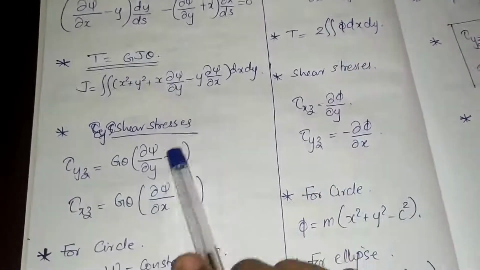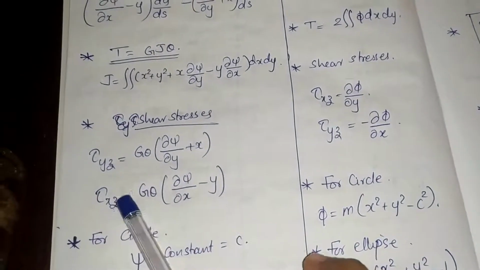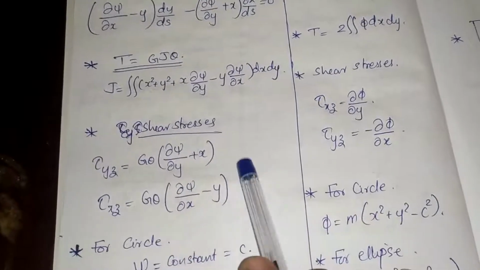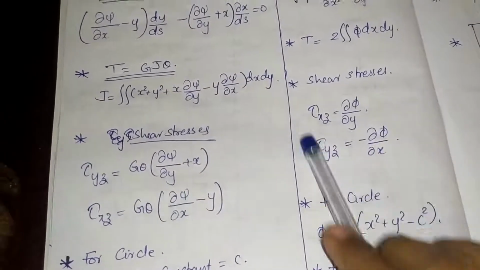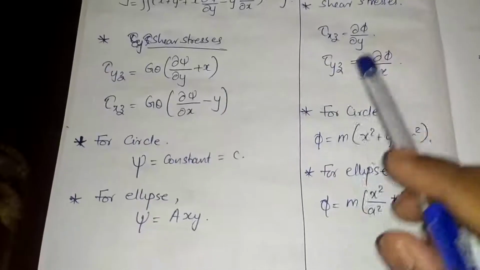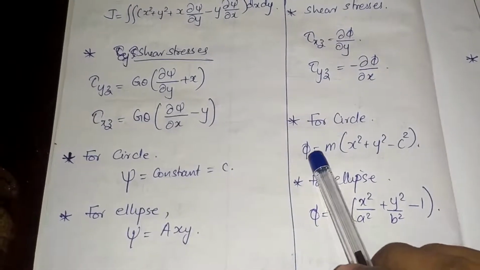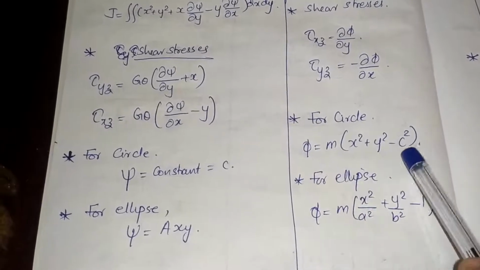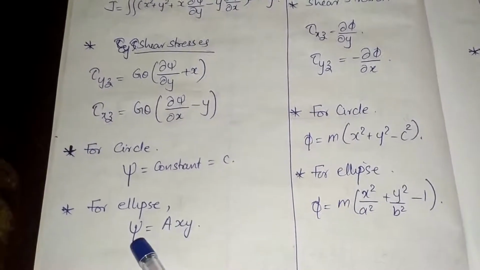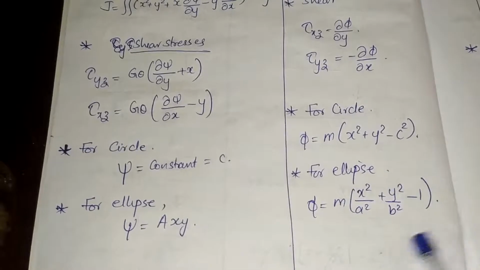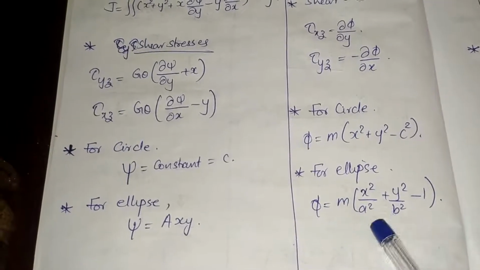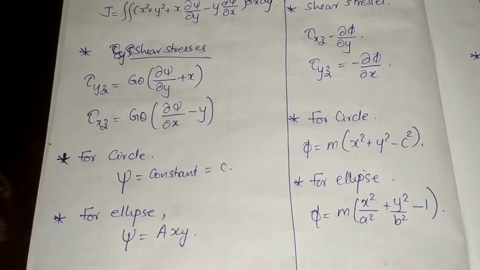Now regarding shear stress, you have tau yz, tau xz here in Saint-Venant's method, whereas you will get this value in the Prandtl function. For a circle, psi is a constant c, whereas here for a circle phi will be m into x square plus y square minus c square. For an ellipse, psi is equal to axy, whereas here phi is equal to m into x square by a square plus y square by b square minus 1.